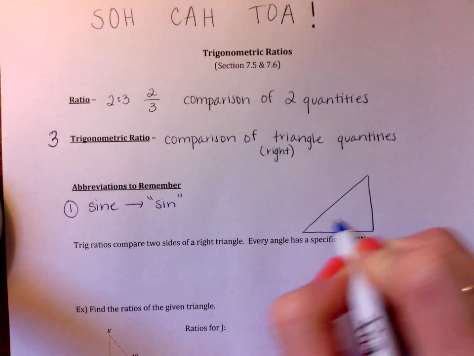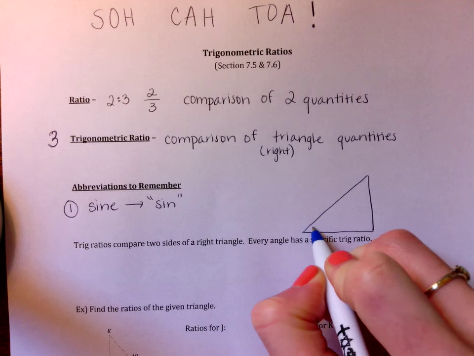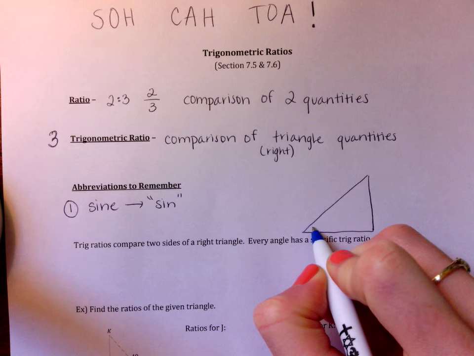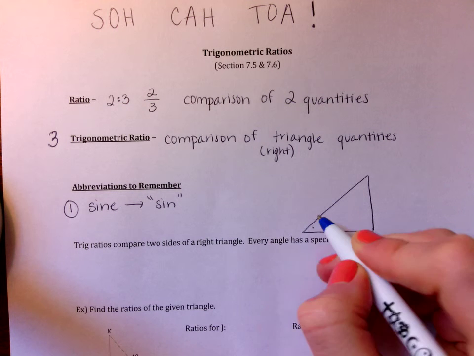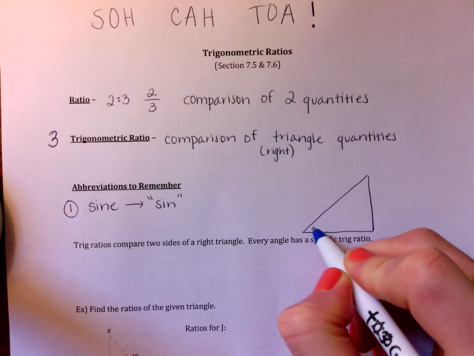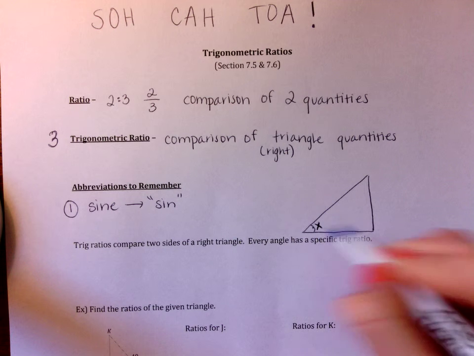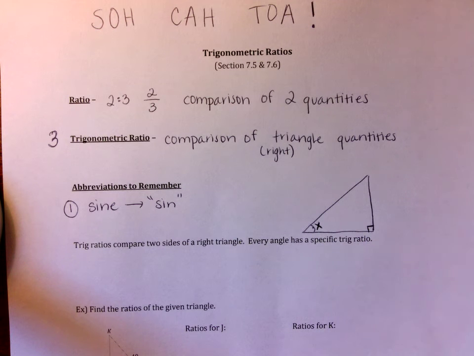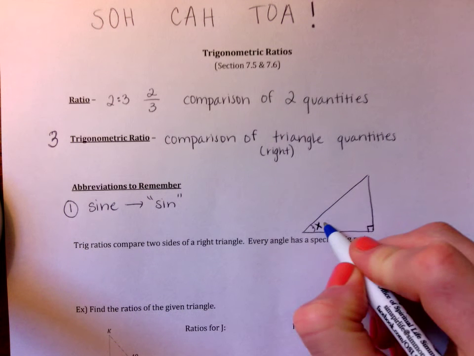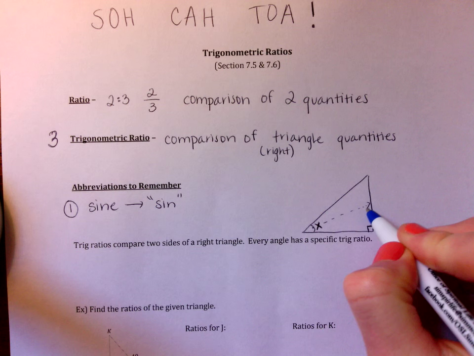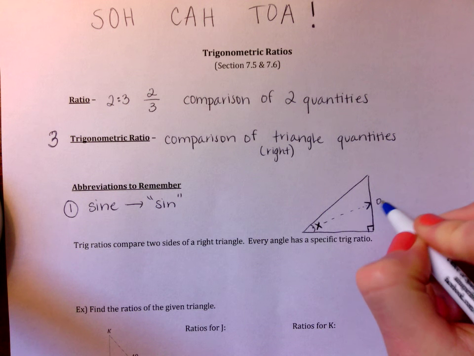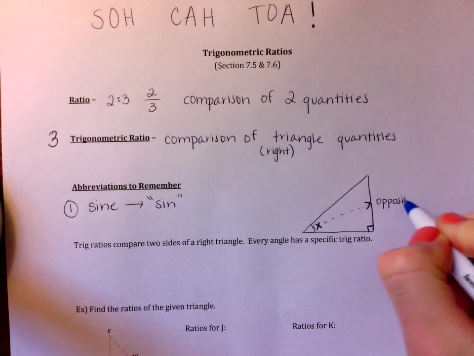If I'm talking about this angle right here, usually that angle is represented with some sort of variable, so I'll call it x. So if we're talking about angle x in a right triangle, there are 3 sides in relation to x. There is the one straight across from it, the opposite side of x.